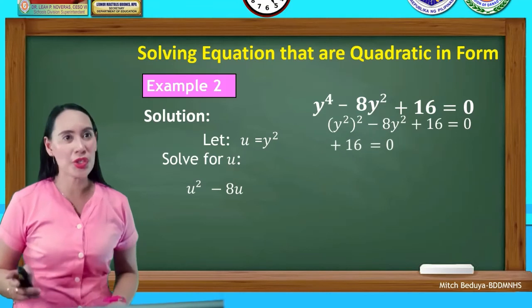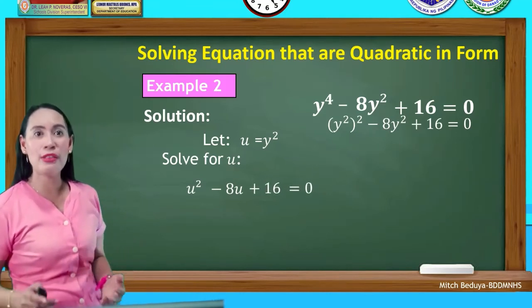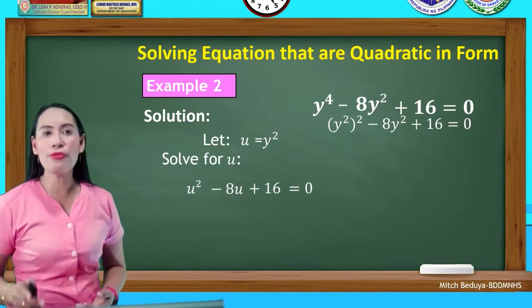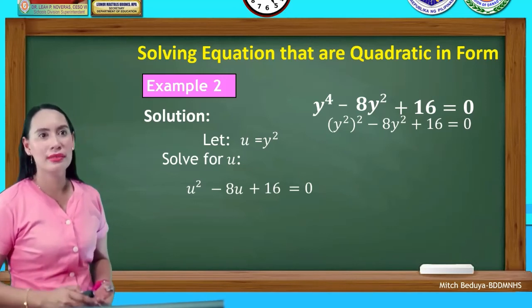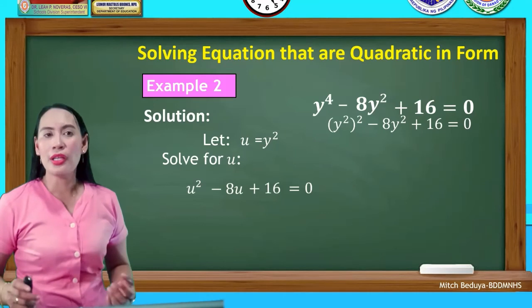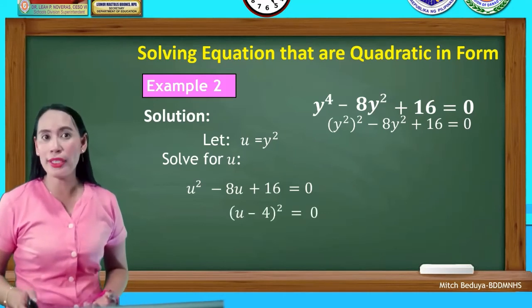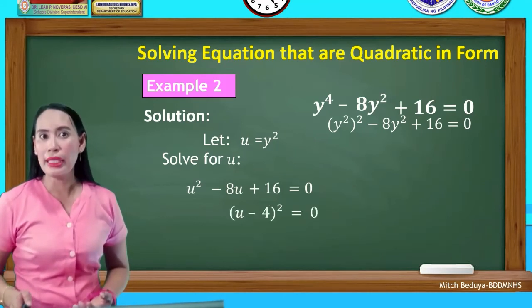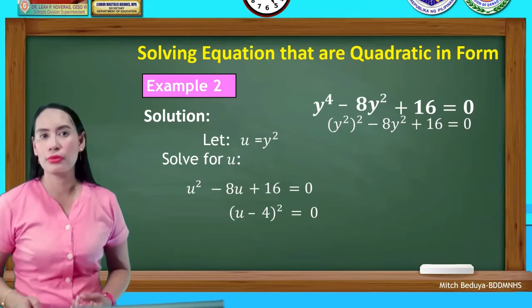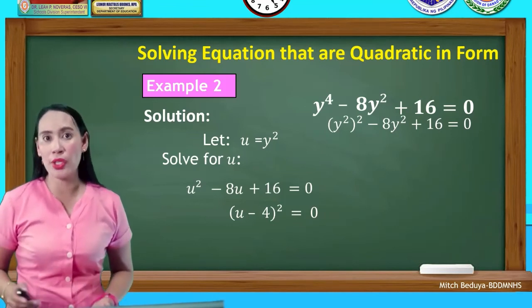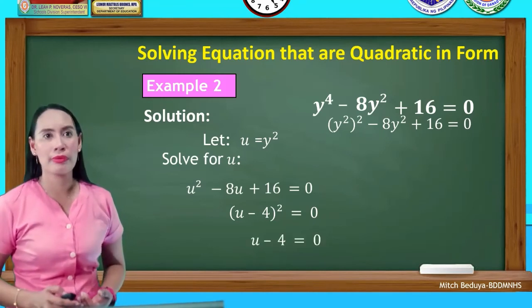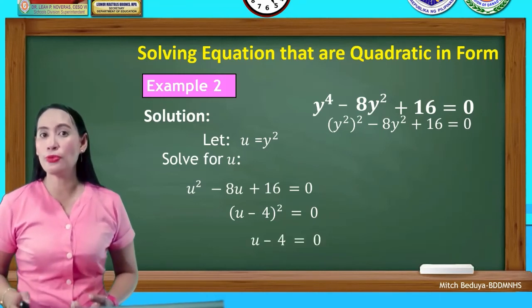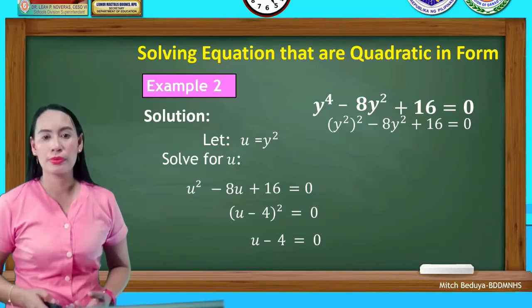So this equation is already a quadratic in form. So we can solve this by extracting the square root. So we get the quantity u minus 4 squared equals 0. Square root both sides of the equation to eliminate the radical symbol. So u minus 4 equals 0.